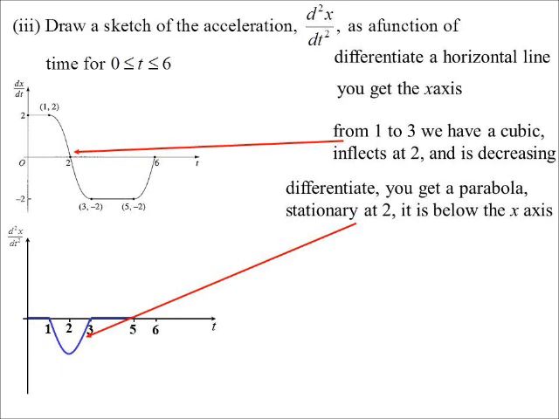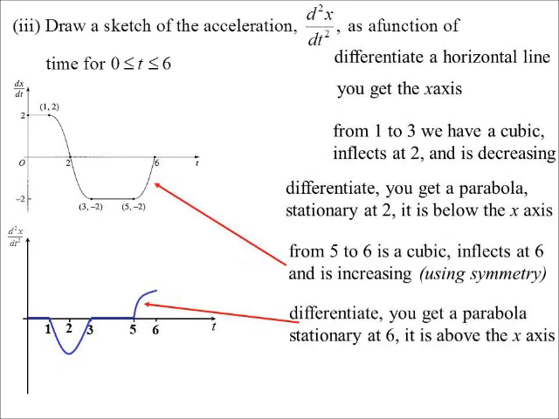Now, this is where I really have to have a big leap of faith. Well, I reckon by symmetry, the one from 5 to 6 is the same as 2 to 3, and therefore it should have the same shape. But this time, there it is. Okay. See, beautiful graph, don't you think?